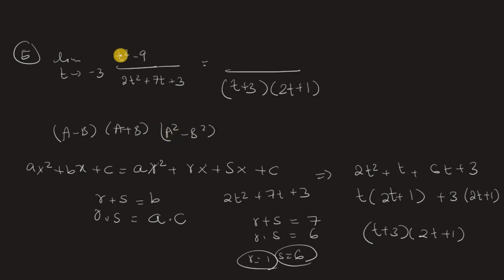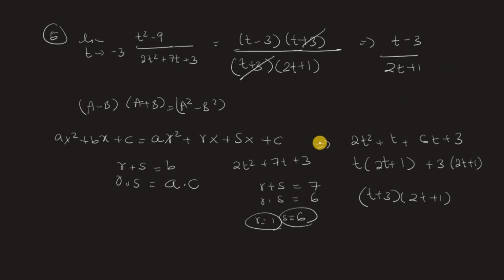Here it's like 3 squared, so a difference of squares has been applied. We can convert this to t minus 3 and t plus 3. Cancelling out the like terms, we're left with t minus 3 over 2t plus 1, and now this is your factored form.